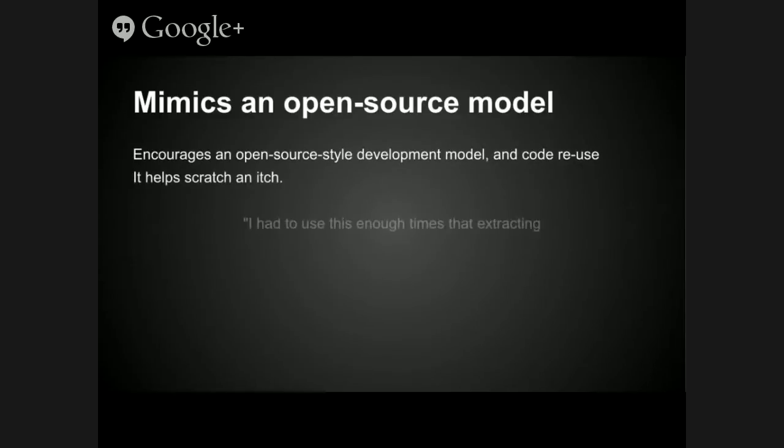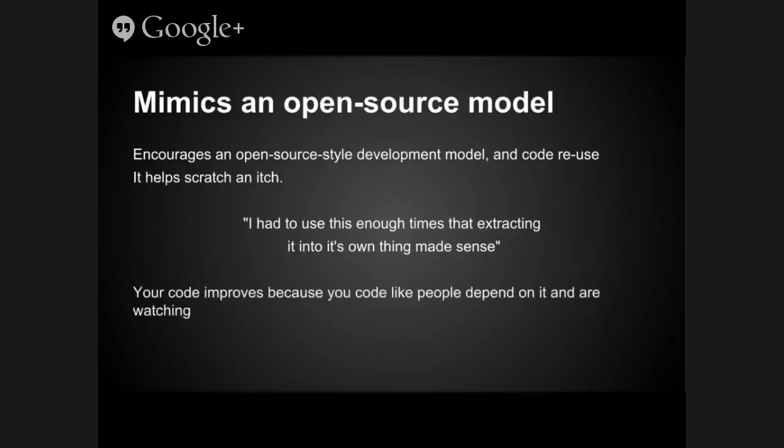So it helps scratch the itch, and that itch is that I had to use this enough times that extracting it into its own thing made sense, because copy and pasting code and big file system DLL references lead you to monolithic hell. It's painful, it's almost impossible to version, it's difficult. So the itch of, I'm sure I want to use this somewhere else, is solved with package management.